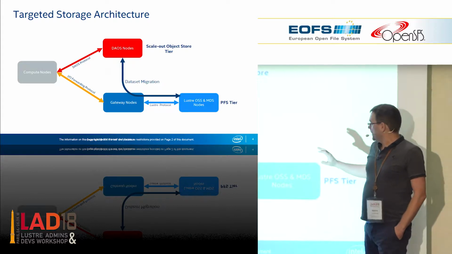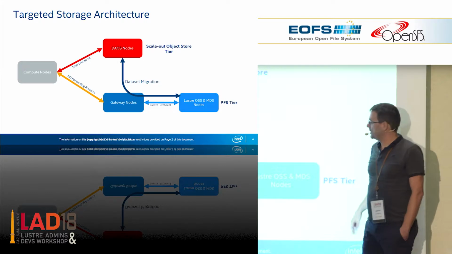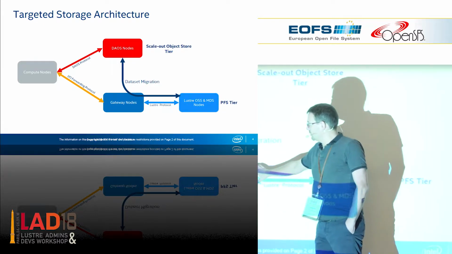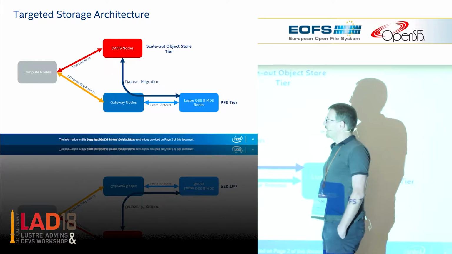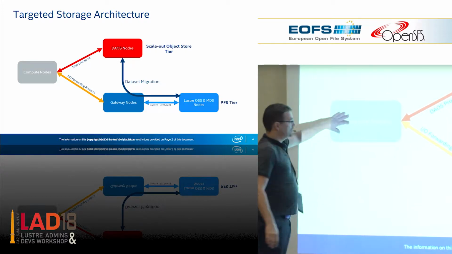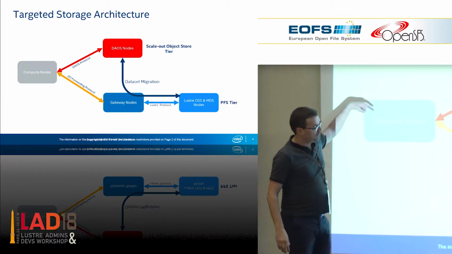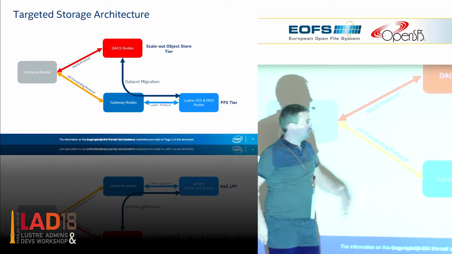We have a Lustre file system that is not directly connected to the compute fabric, but is connected through a set of gateway nodes. And we have a new software called I/O forwarding that effectively intercepts all the POSIX I/O calls on the compute node and forwards them to the gateway node. The Lustre client is effectively mounted there.